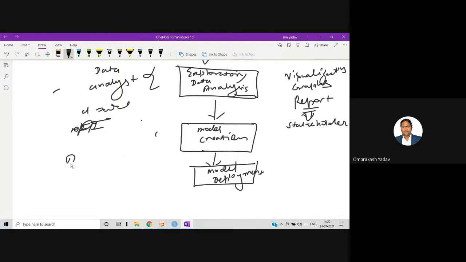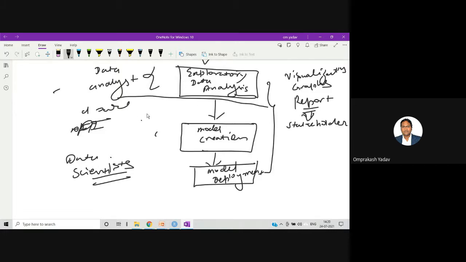So the data scientist is responsible for doing all those things, but his job is not limited to this alone. He can work from exploratory data analysis to model creation to model deployment. So a data scientist can work up to this level, but a data analyst's job is restricted to here.